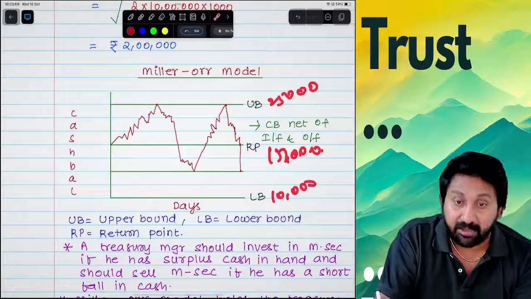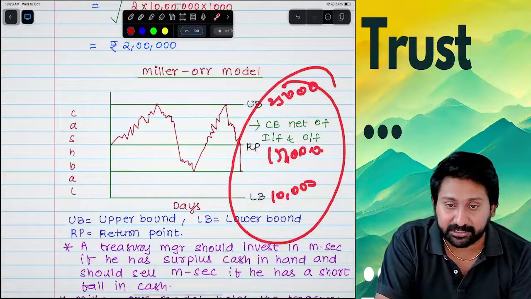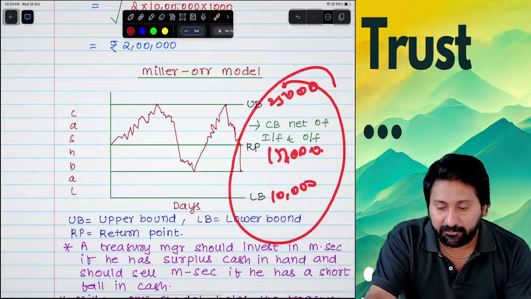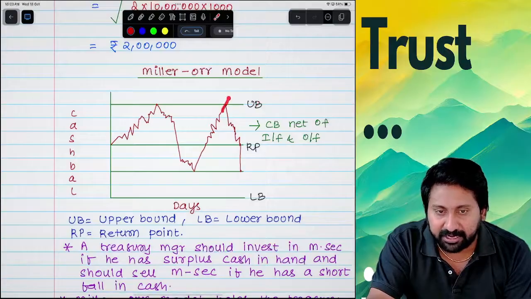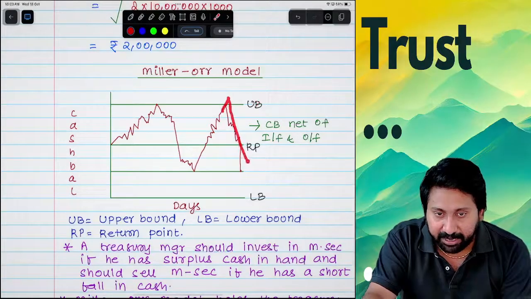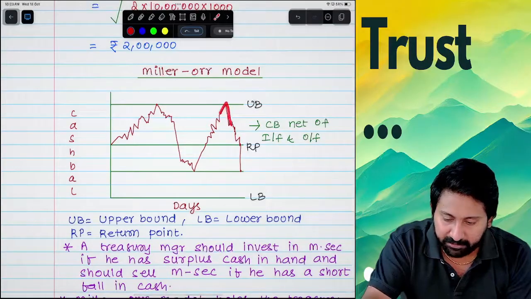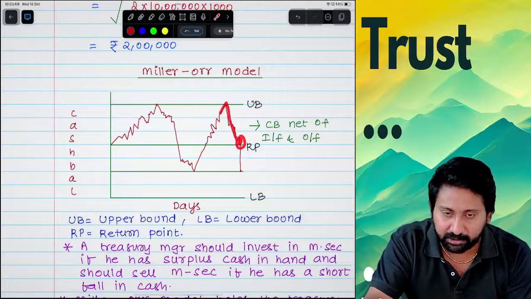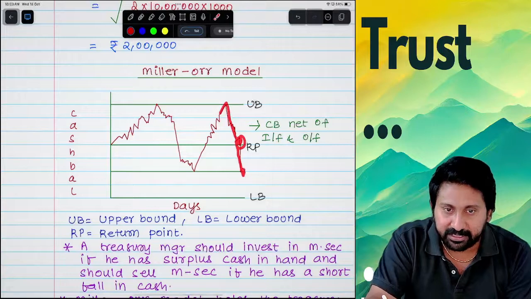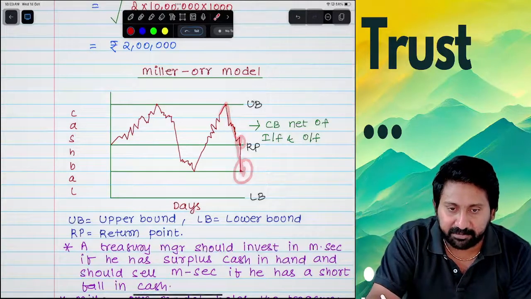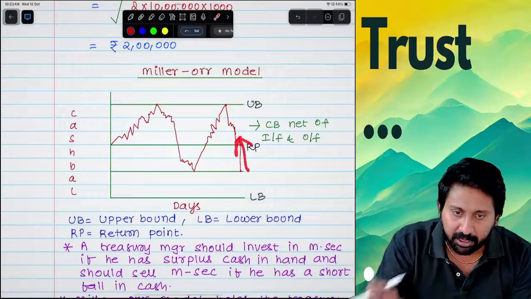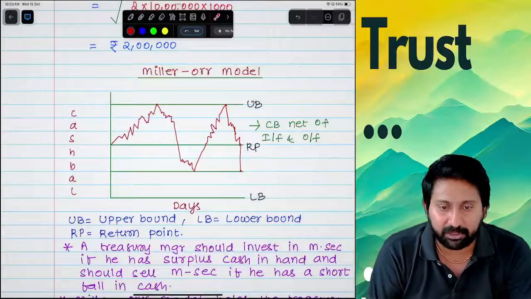For this also there is a formula calculation. Example: if your cash balance is going beyond 25,000 and reaching 26,000, invest and make it 15,000. If it is reaching the lower boundary, immediately sell the securities and get back to the return point.